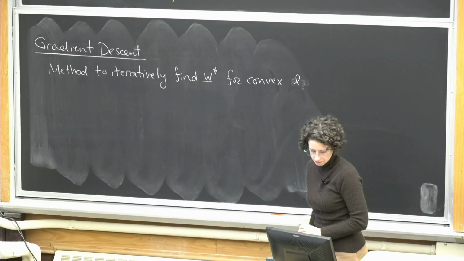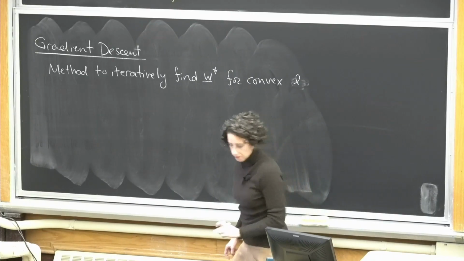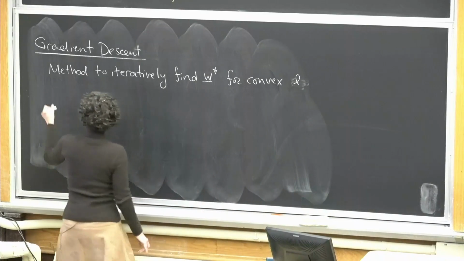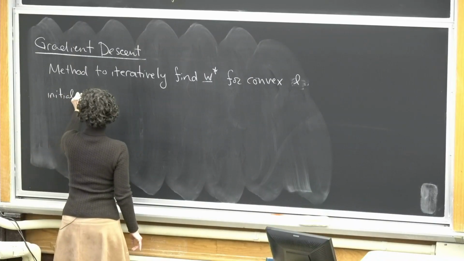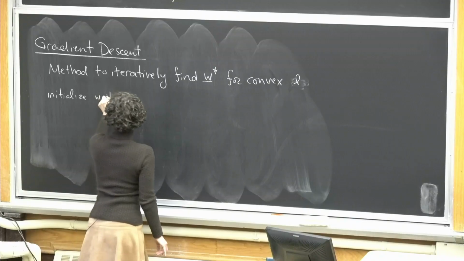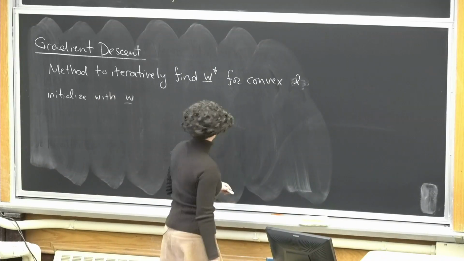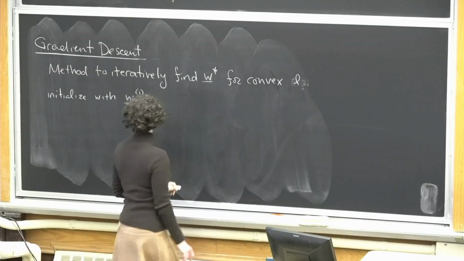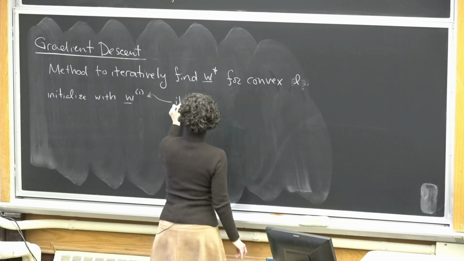And so, most generally, what we are going to do is initialize with some initial guess W, and then I'm going to put in a superscript here of 1, where the superscript is going to correspond to my iteration.